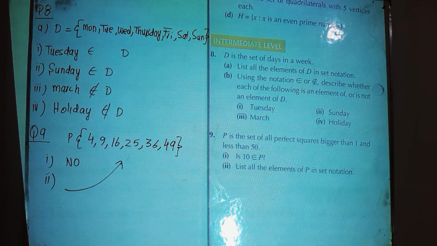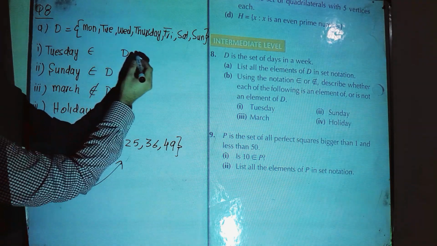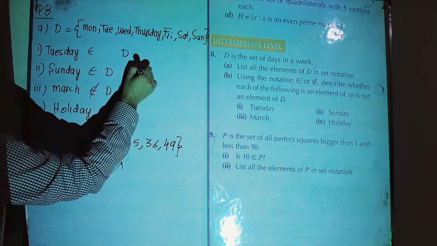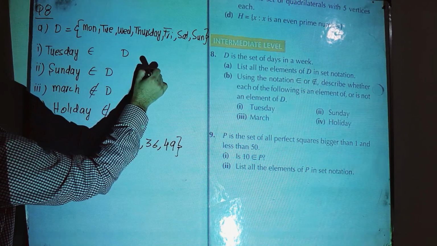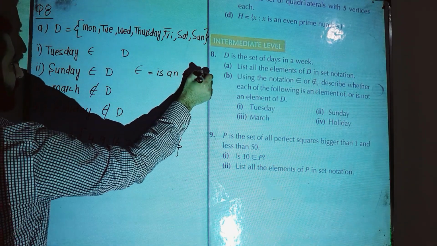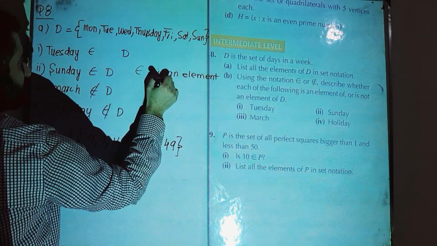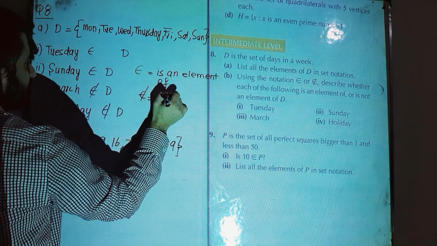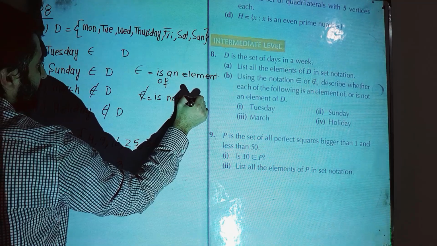Part B is using the notation as I have discussed. This notation, which I'm writing over here, represents "is an element of," and this represents "is not an element of."